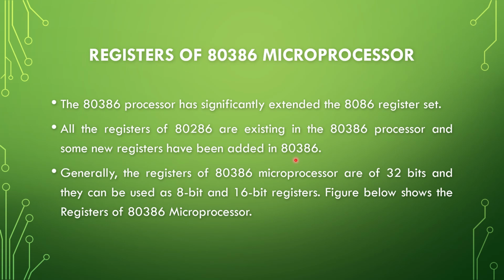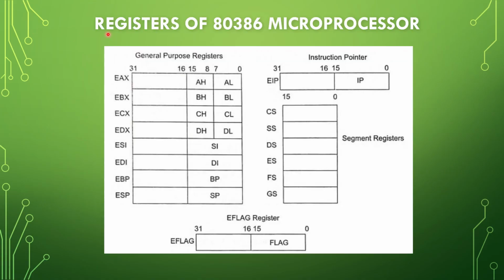Now we can see in detail the various registers of 80386. This figure shows the various blocks of registers in the 80386 microprocessor. As we can see, the registers are basically divided into two types.